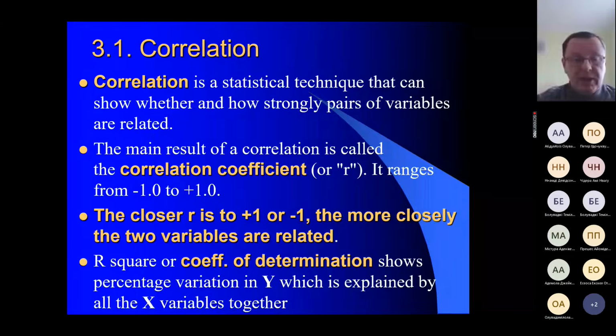The ideal cases indicate ideal positive or negative correlation, and the closer the coefficient value is to +1 or -1, the more closely the variables are related. And if you want to identify the general relationship between variables, the squared value of the correlation coefficient has to be used, the so-called coefficient of determination, which shows the percentage of variation in the dependent variable y which is explained by all the independent x variables together.